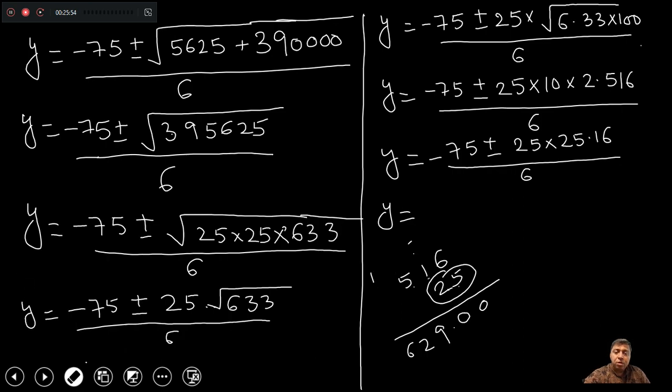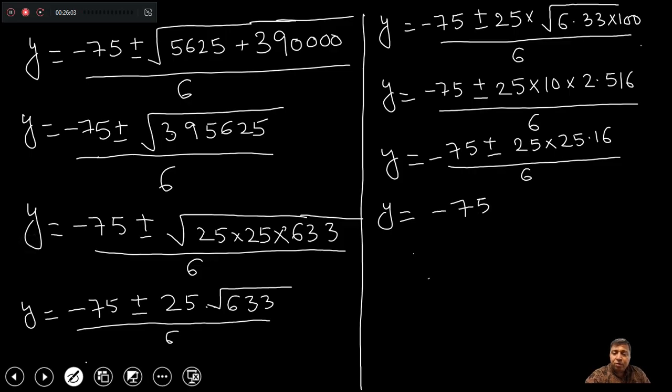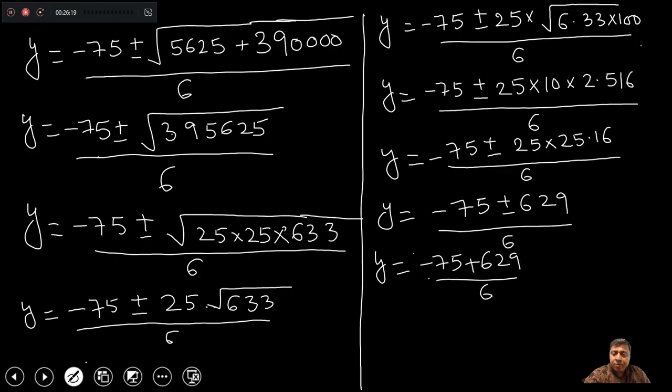Okay, so this is going to be minus 75 plus minus 629 upon 6. So y is equal to minus 75 plus 629 upon 6, or y is equal to minus 75 minus 629 upon 6.